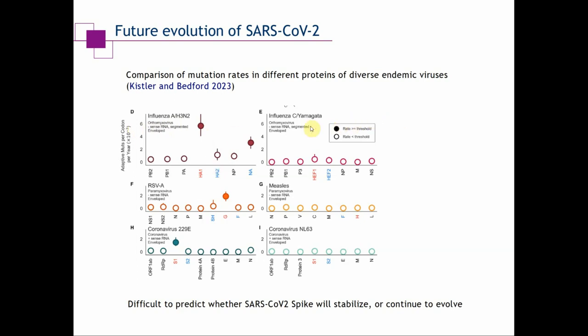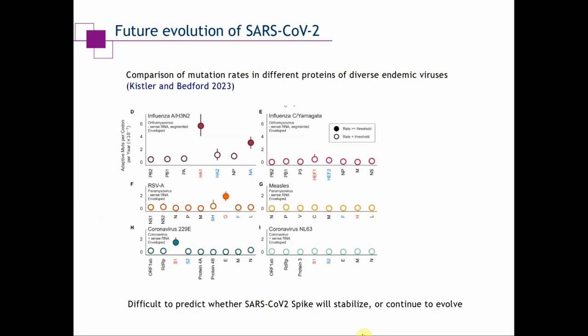The influenza type C doesn't seem to do this. You've got 2 negative strand RNA viruses, and then these endemic coronaviruses. One of them is carrying on mutating, and the other one is not mutating, NL63. So I think what is going to happen for the future of SARS-CoV-2 is going to be one of these two.